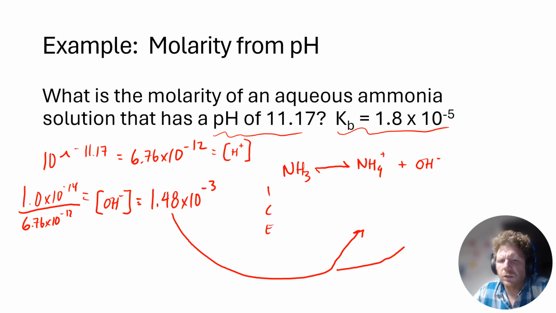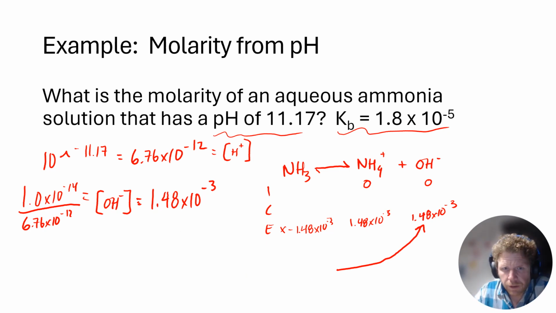It also plugs in here. This is 0, this is 0. So then I'm looking at x minus 1.48 times 10 to the negative third, 1.48 times 10 to the negative third here, and 1.48 times 10 to the negative third here.